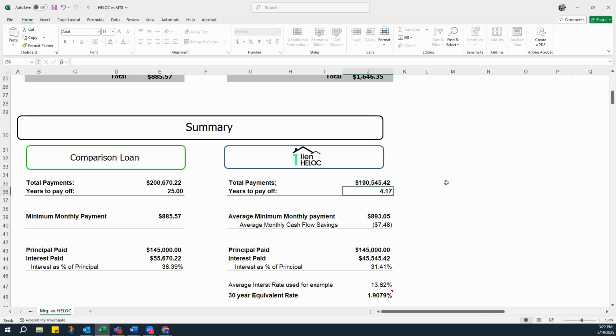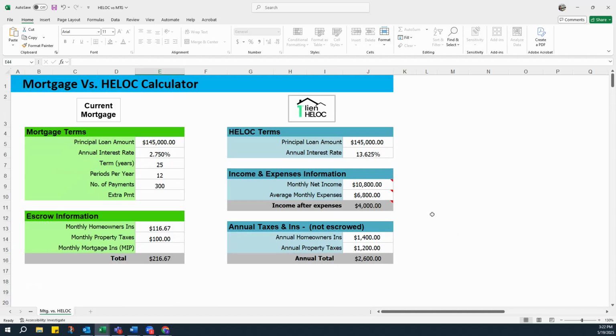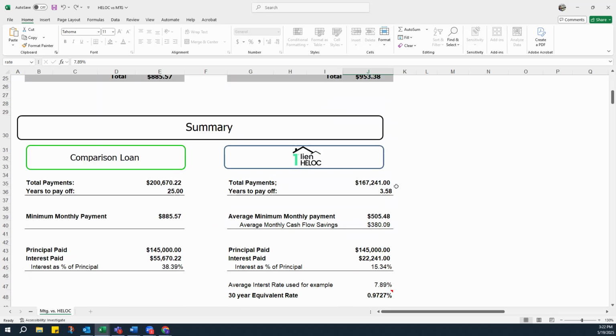13.625. Our years to pay off would be 4.1. Interest 45,000, still less than our 55,000 left side. And that is because of these dollars in, dollars out, allowing the principal to be reduced with the cash flow.